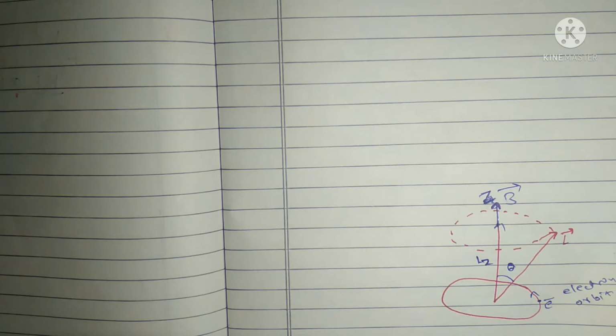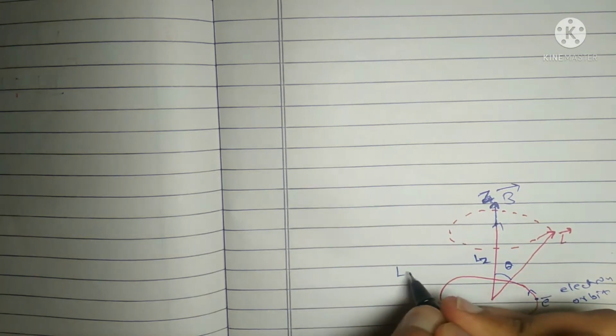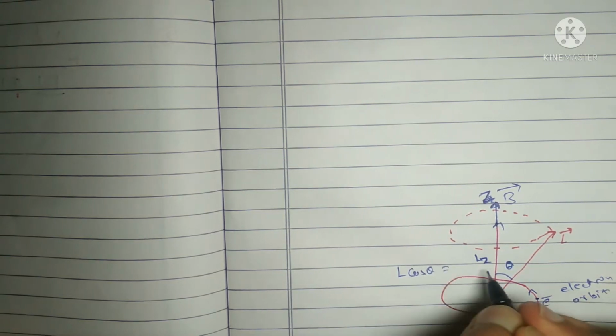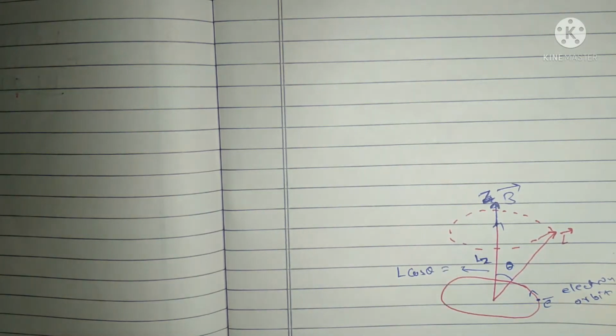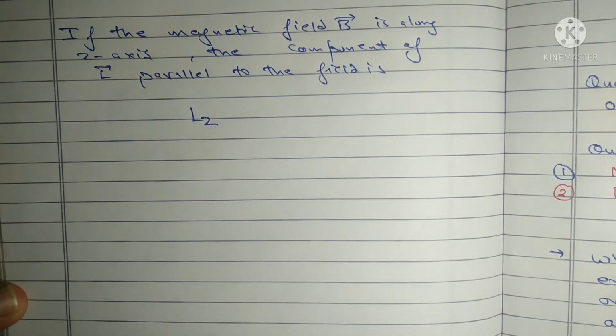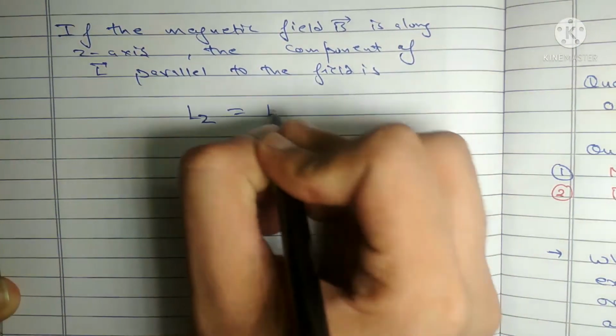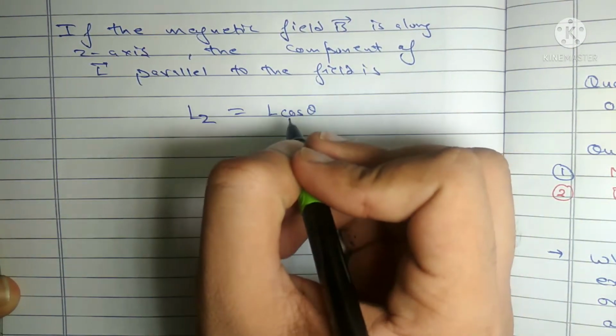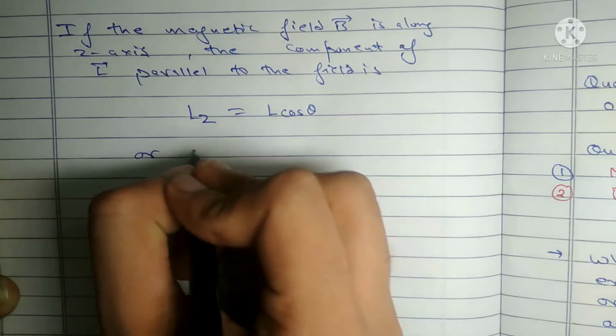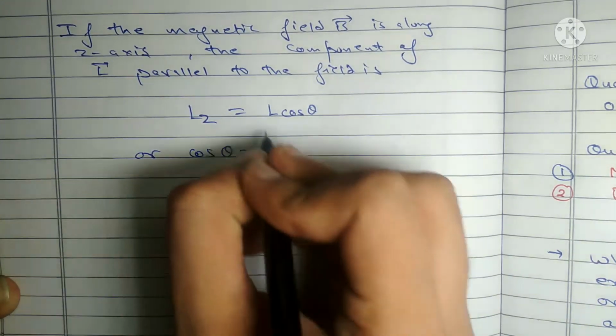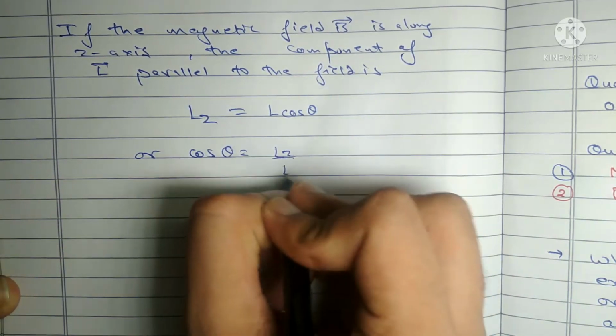Now, if we resolve the L vector into two components, then Lz is equal to L cos theta. So we can write Lz is equal to L cos theta, or cos theta is equal to Lz by L.